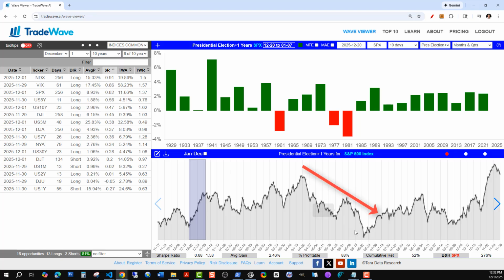Even Nvidia has an incredible down cycle in PE plus 2 years, the midterm election years. Look at this move right down there. You can see on the trend chart, this massive down move is going to be a major problem for the markets. I've been bullish since the beginning of 2023, and I really urge you to watch out for 2026.